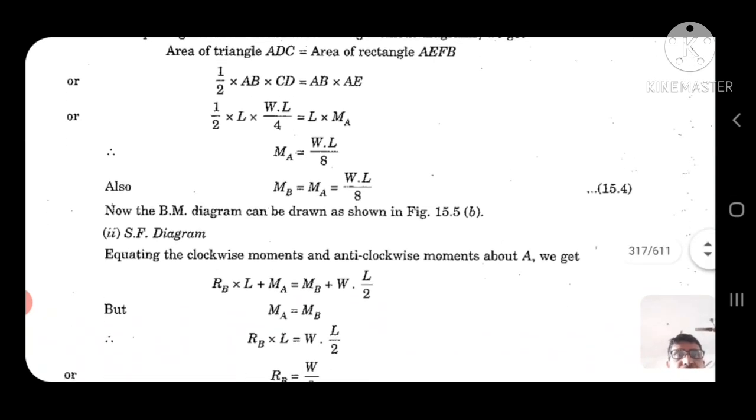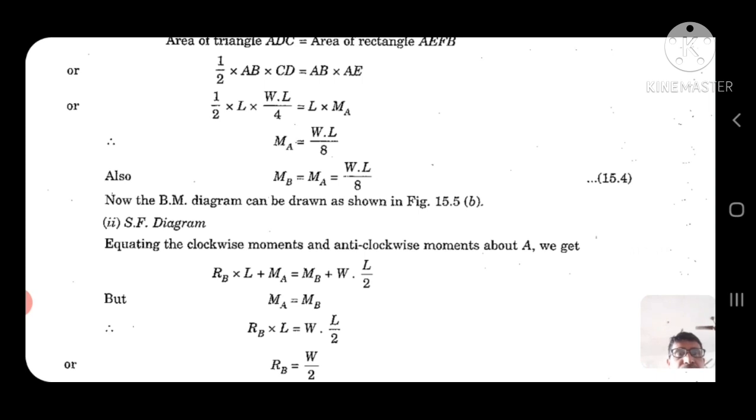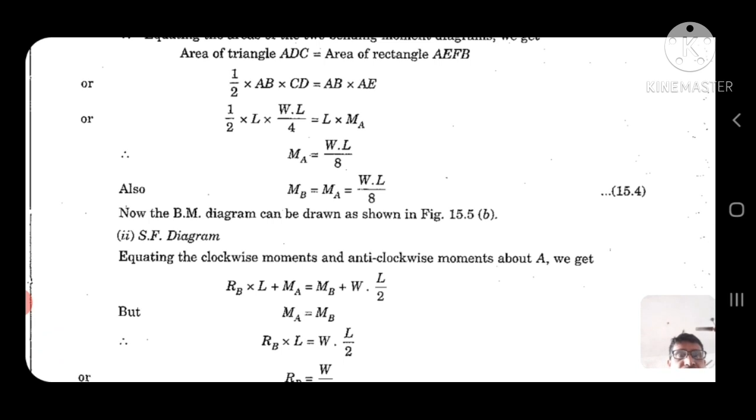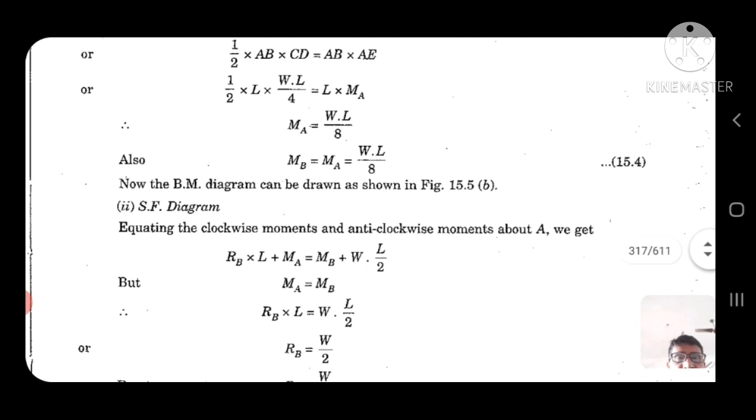So half into L into WL by 4 equals L into MA. So MA is equal to WL by 8. MB is equal to WL by 8. Now the bending moment diagram can be drawn.